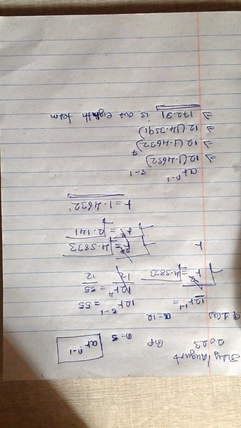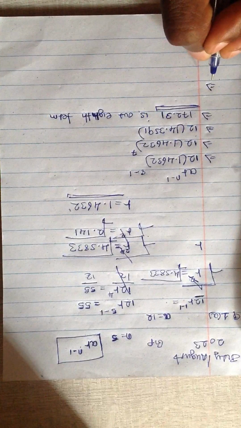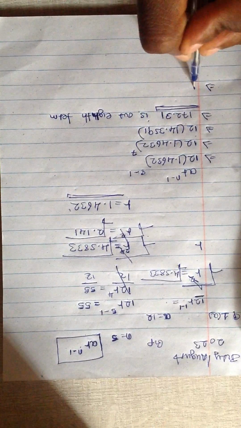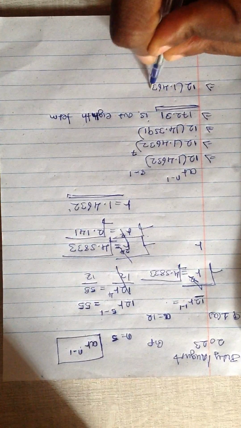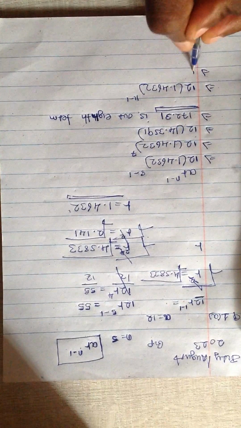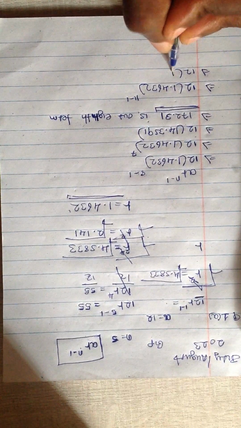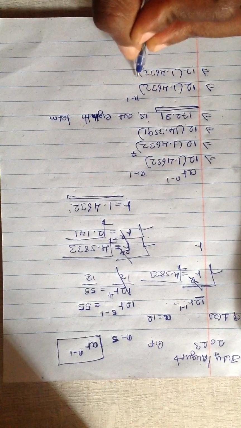Okay, so that's how we solve it. And we go to the next question, which is the 11th term. So we do the same thing. Our first term is 12 open bracket 1.4632. You close, so it will be 11 minus 1. So here it is 12 open bracket 1.4632 raised to power 10.